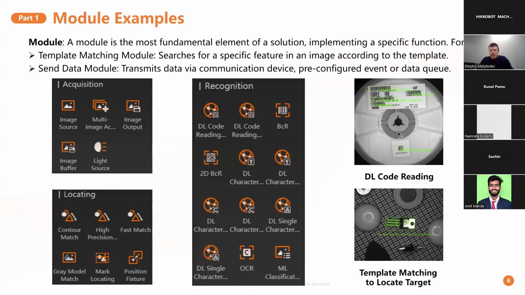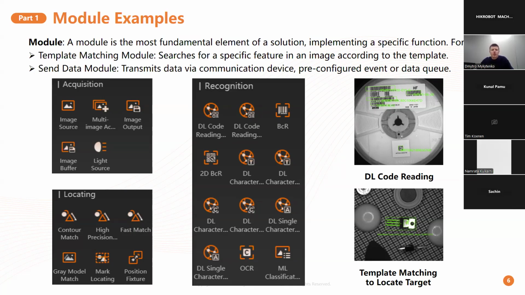As I already said, modules are the core components of any procedure. Each one serves a specific purpose, such as image transformation, analysis, data transmission, or interaction with hardware. For example, a template matching module identifies a defined pattern within an image, while a send data module transmits results to an external device or control system. There are more than 150 modules in VisionMaster, so you can pick an appropriate one for many tasks.